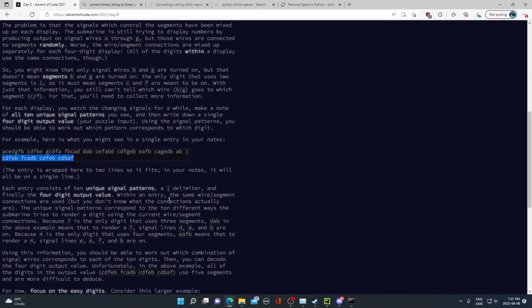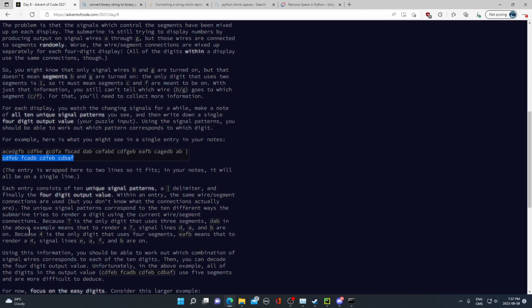Within an entry, the same wire segment connections are used, but you don't know what the connections actually are. The unique signal patterns correspond to the 10 different ways the submarine tries to render a digit using the correct wire segment connections. Because 7 is the only digit that uses 3 segments, D, A, B in the above example means that to render 7, signal lines D, A, and B are on.